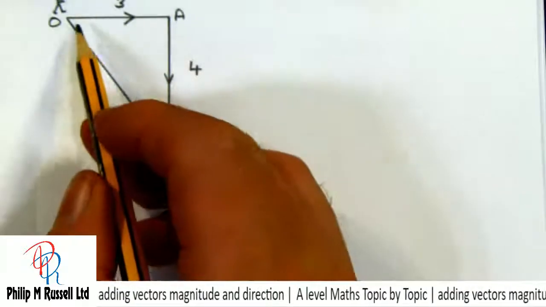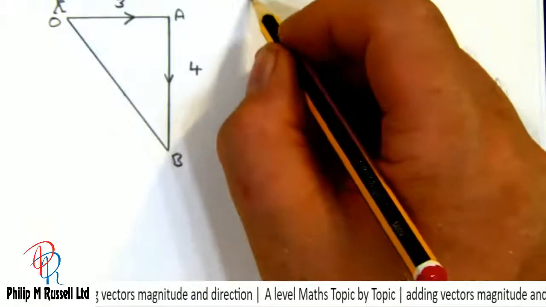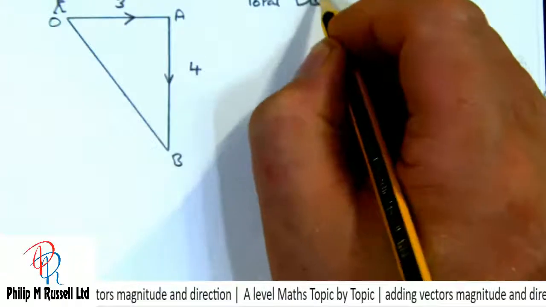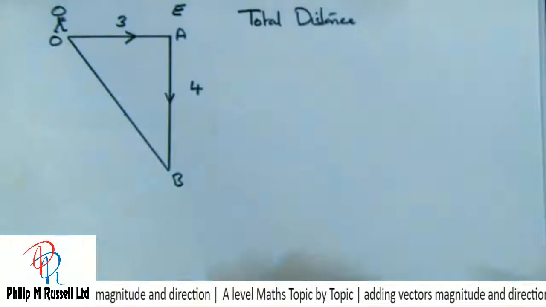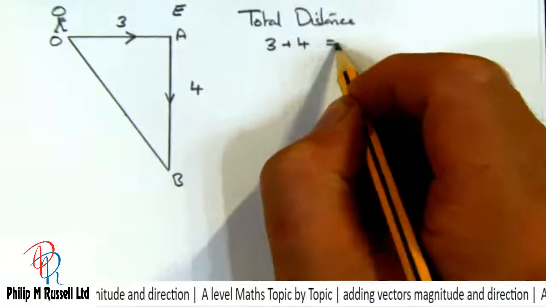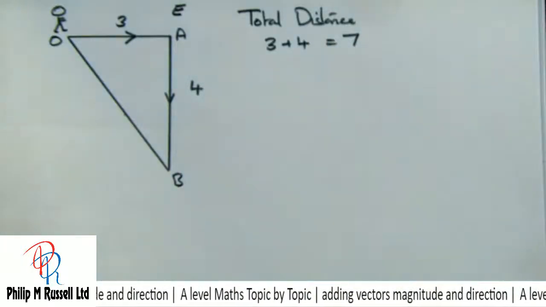Well, she's going to walk that distance plus that distance. Total distance is going to be 3 plus 4, which gives us 7. That was easy enough.